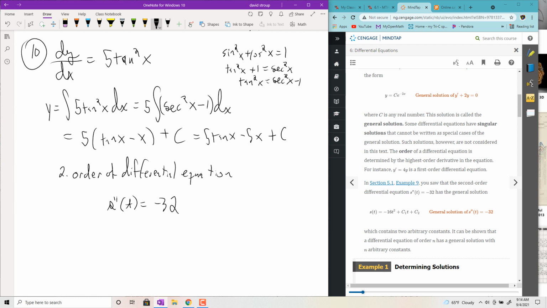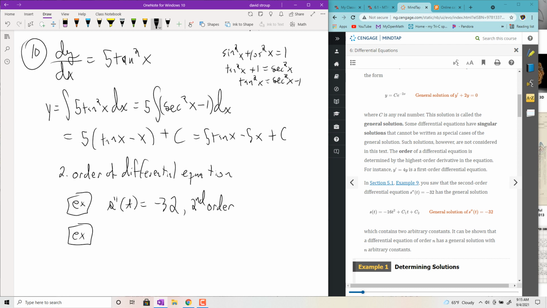That is a second order differential equation because the highest order derivative that you see in the differential equation is 2, second derivative. Okay, so we could just say second order differential equation. Okay, so that would be one example.